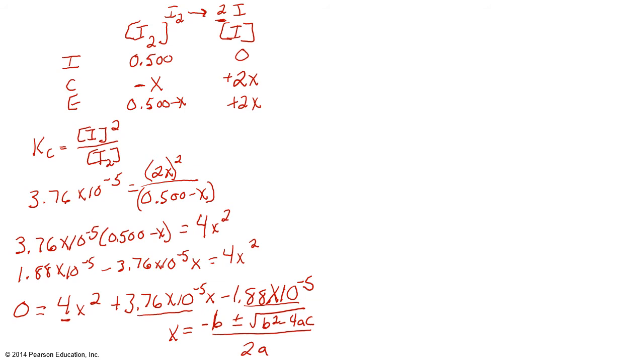So what that's going to look like is x equals negative 3.76 times 10 to the negative 5th plus or minus the square root of 3.76 times 10 to the negative fifth squared minus 4 times 4.